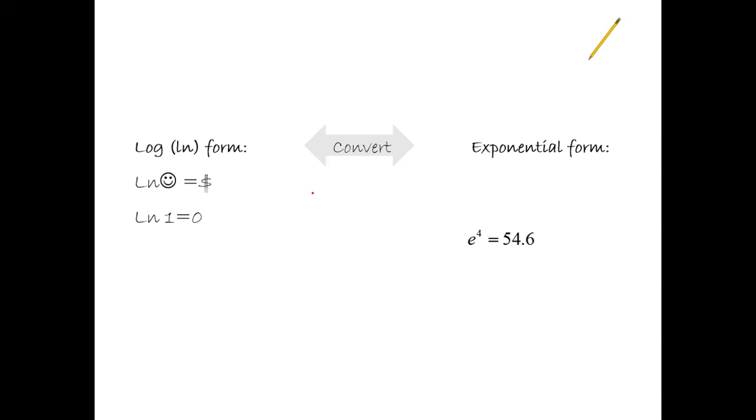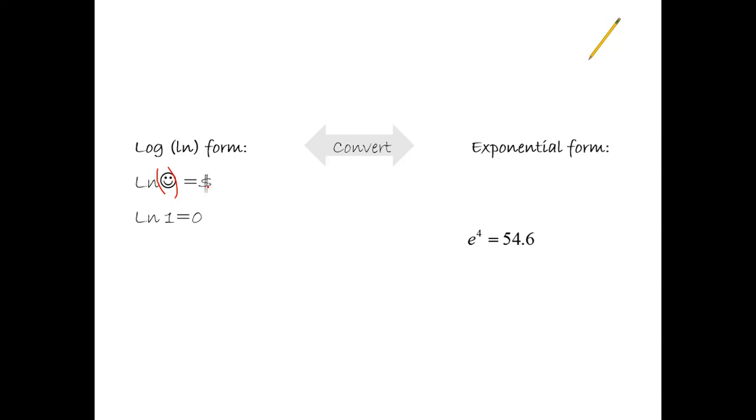So, converting between natural log and exponential, this is in the inside of your foldable. So I need to know how to convert. So if I have ln of smiley face equals $, well, notice, guys, there's no base on that ln, but we do know there's a base of e.